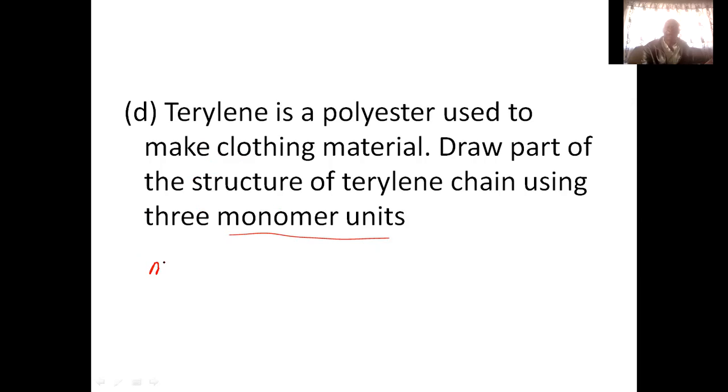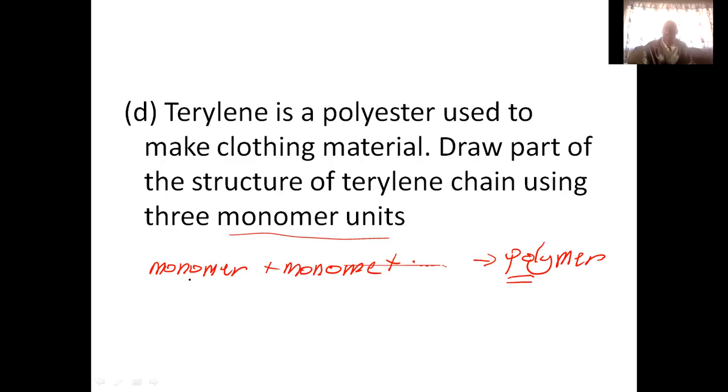So if you have a monomer plus another monomer plus so many monomers, what you are going to produce is a polymer, meaning many monomers have been joined together to form a polymer.